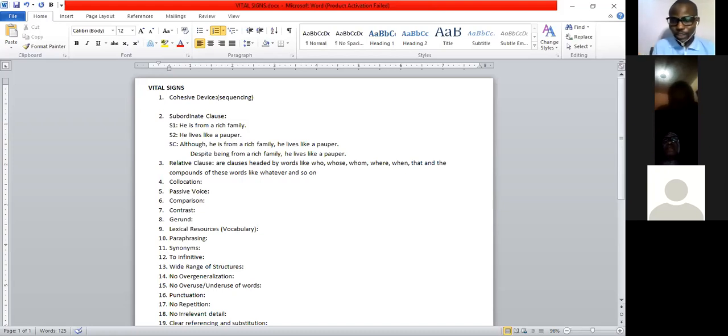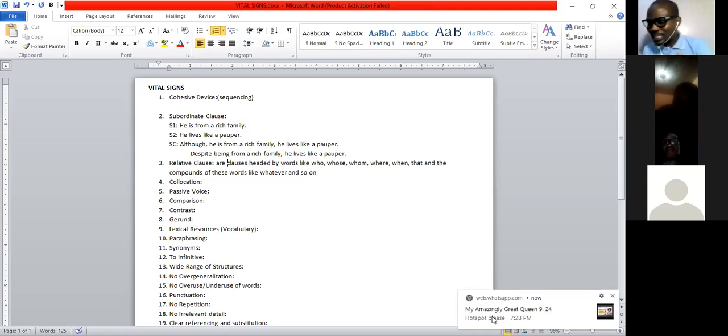These are relative clauses. Now, these words, once they start a sentence, we are not talking about them. Relative clauses is simply when they are found in between sentences. Once they are found in between sentences, they become relative clauses.